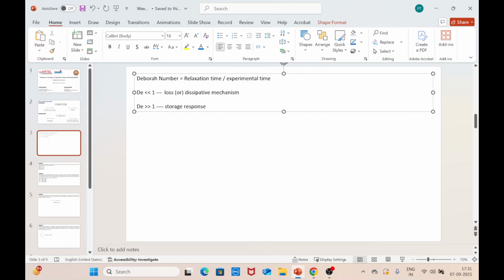But can anyone here explain why, if the Deborah number is less than 1, it represents a dissipative response, and if the Deborah number is much greater than 1, it represents the storage response?